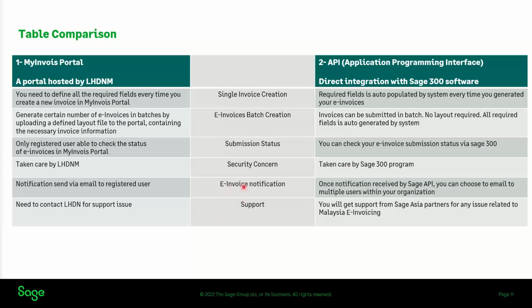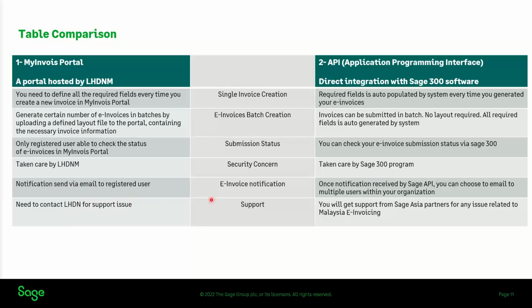And the next criterion is e-invoice notification. When you submit your invoice to LHDN, LHDN will send a notification email to the registered user to inform them that your invoice has been validated, or your invoice has been rejected. If you are using the My Invoice portal, these notifications will be sent via email to the registered user.